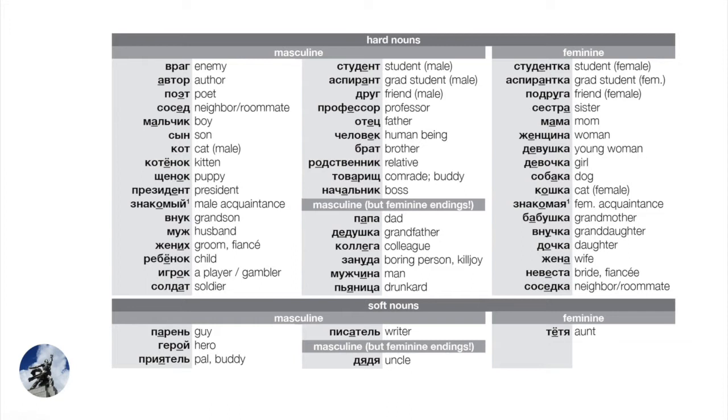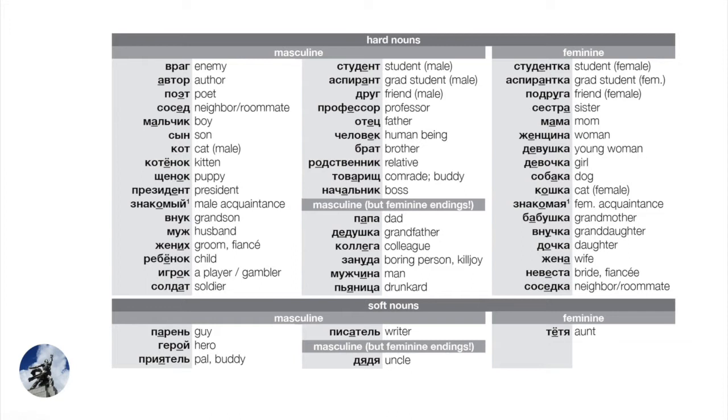Враг, автор, поэт, сосед, мальчик, сын, кот, котенок, щенок, президент, знакомый, which is actually an adjective, right?